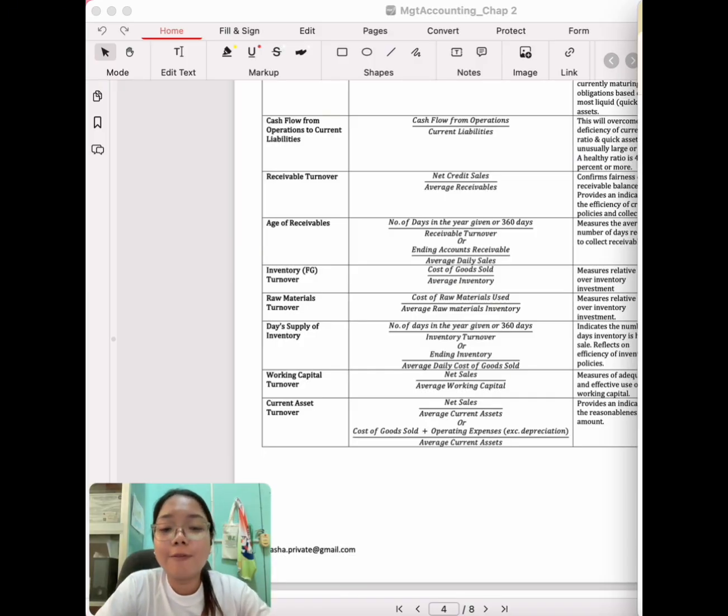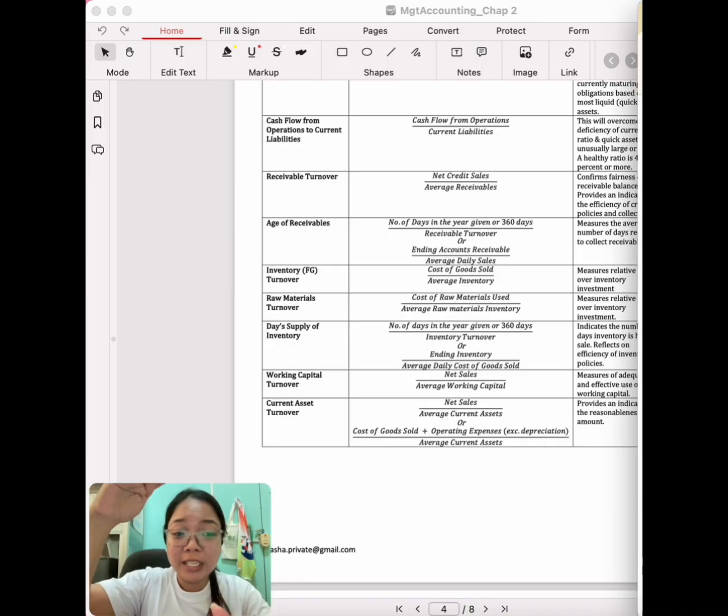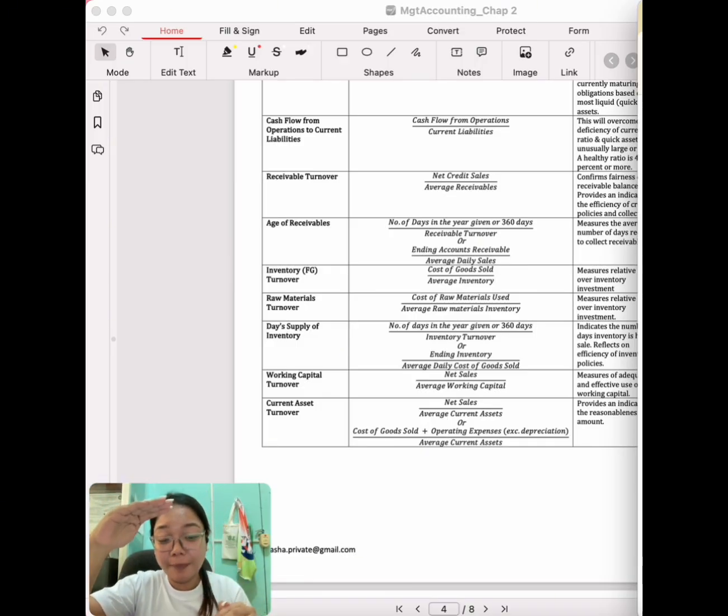So, if yung inventory turnover is mataas, the number of days inventory is held tends to be lower. So, kapag yung turnover is mataas, number of days ng inventory is mababa. Mas lower siya. In simple terms, inventory turnover tells us how many times, while yung days supply tells us how many days. Okay? Yun yung difference ng dalawang formula.